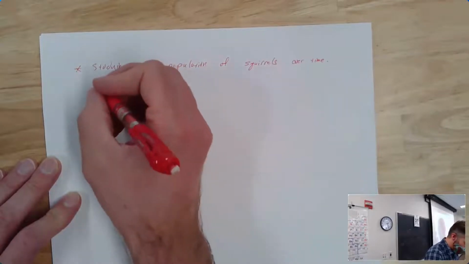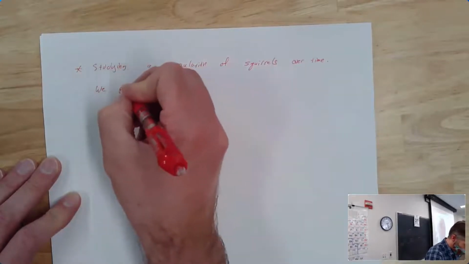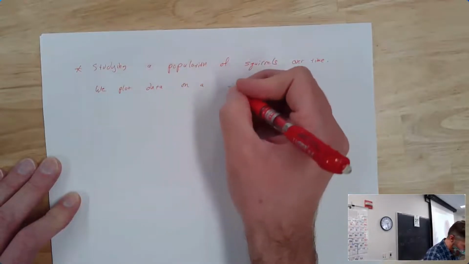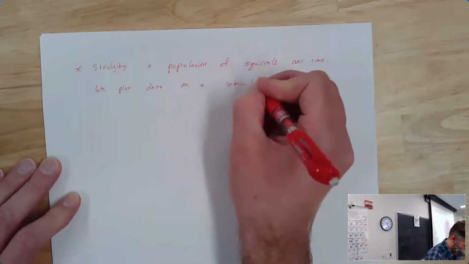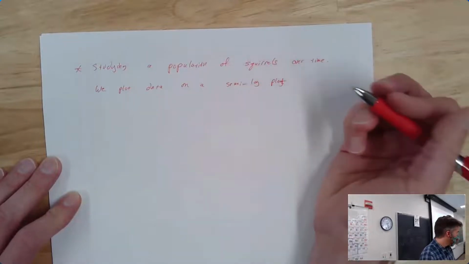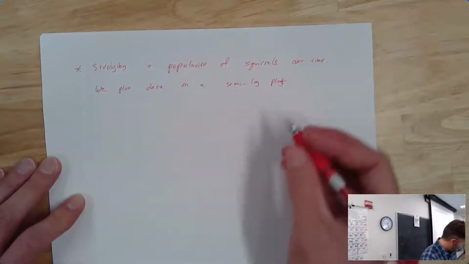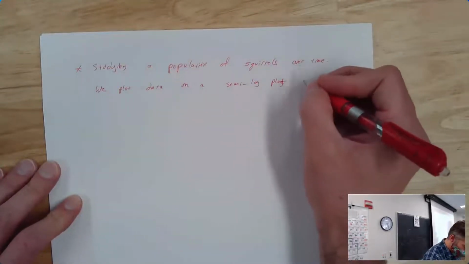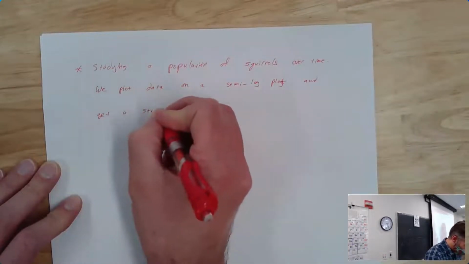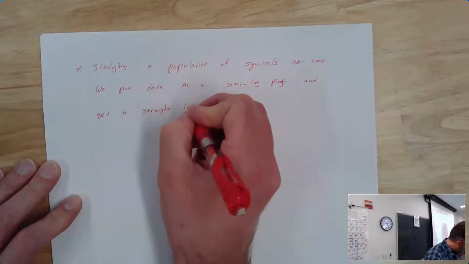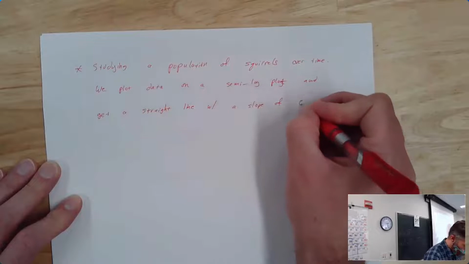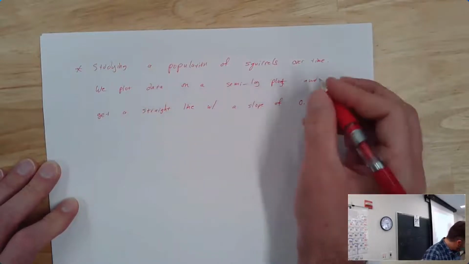And when you plot your data, so we plot our data on a semi-log plot. Again, that just means the y-axis is logarithmic, the x-axis is regular. And we get a straight line with a slope of 0.45.